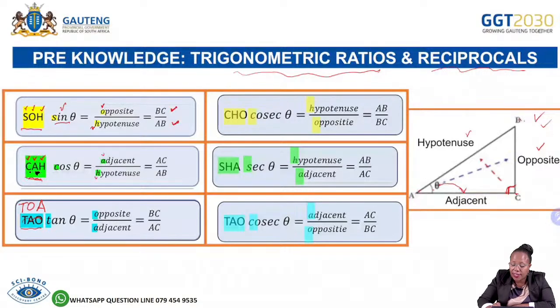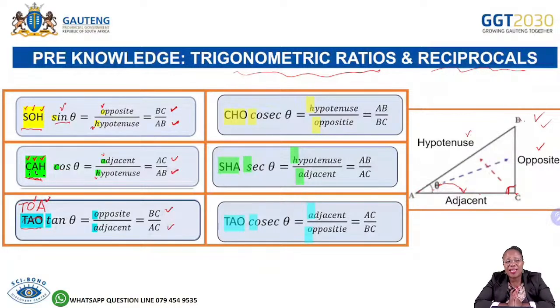What is the adjacent side? It is AC over the hypotenuse side, which is AB. That is how we come up with that fraction AC over AB. And then with the tangent, tangent is opposite over adjacent. So the tangent of theta will be the opposite side, which is BC, over the adjacent, which is AC. So grade 12, that is how you come about those ratios that we have there.